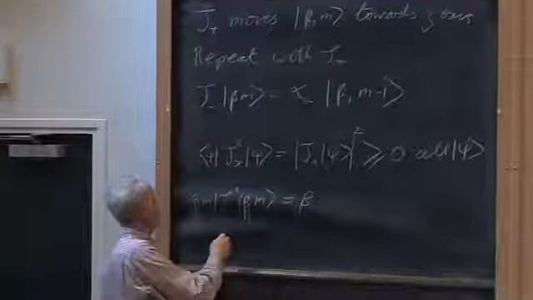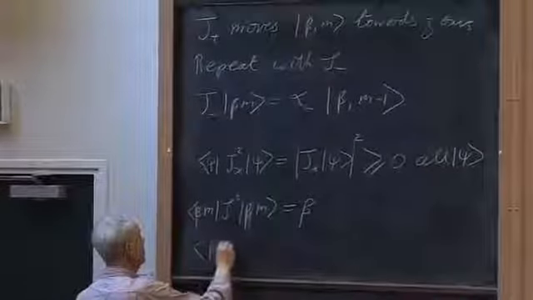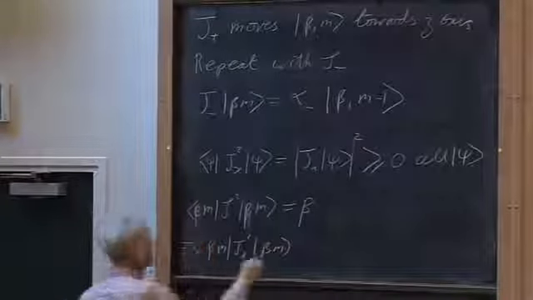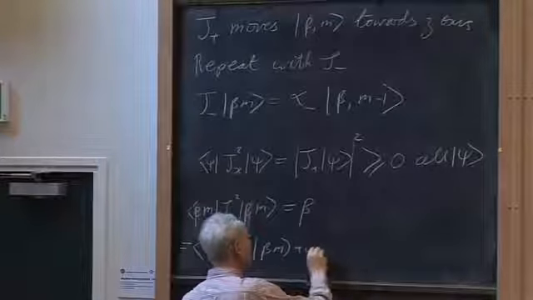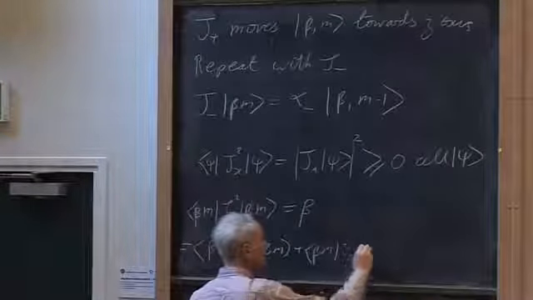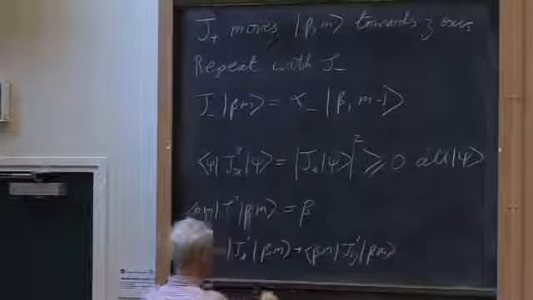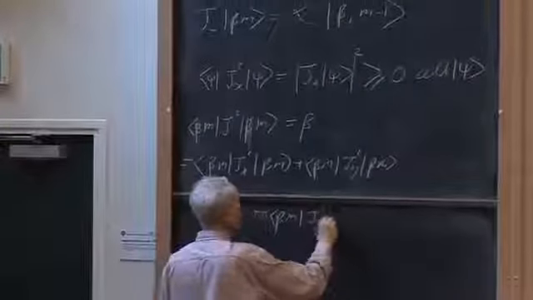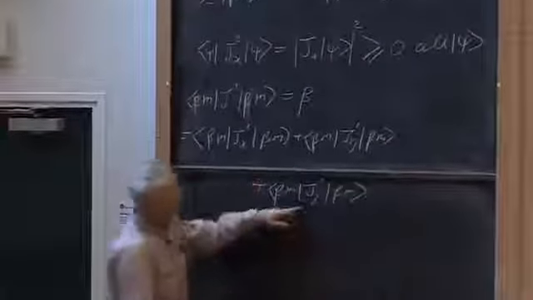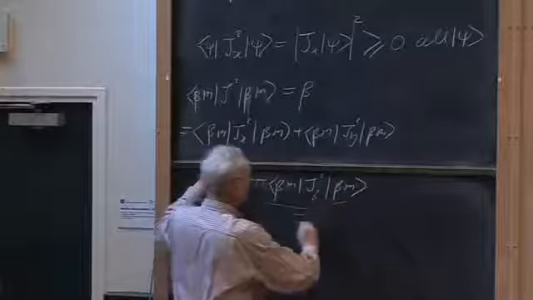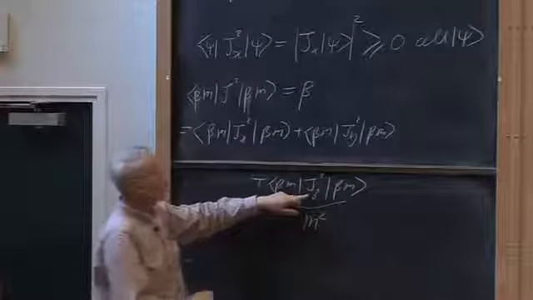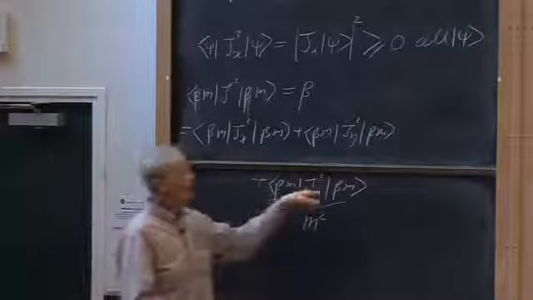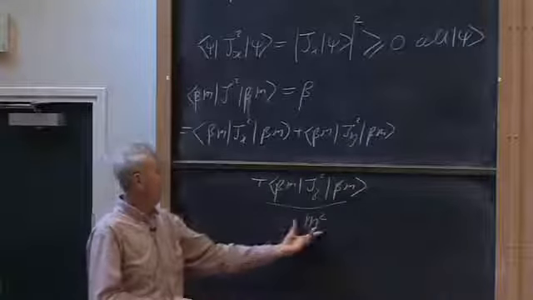But this can also be looked at as beta m jx squared beta m, plus beta m jy squared beta m, plus beta m jz squared beta m. But this last one here is clearly m squared, because one of these j's looks at this and produces an m times beta m, and the other one then looks at that and produces another m times beta m, and we end up with just m squared.